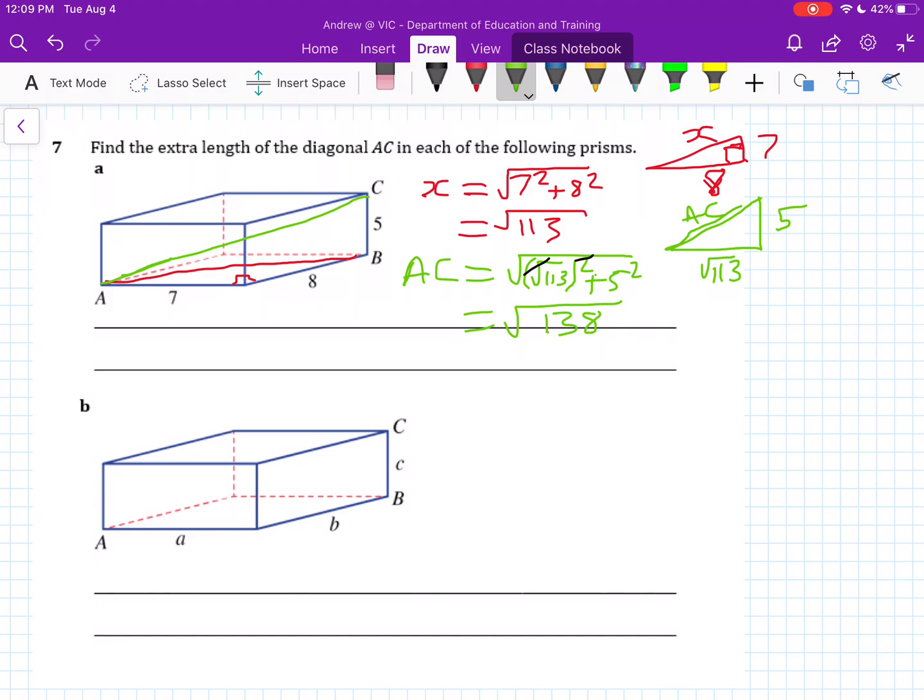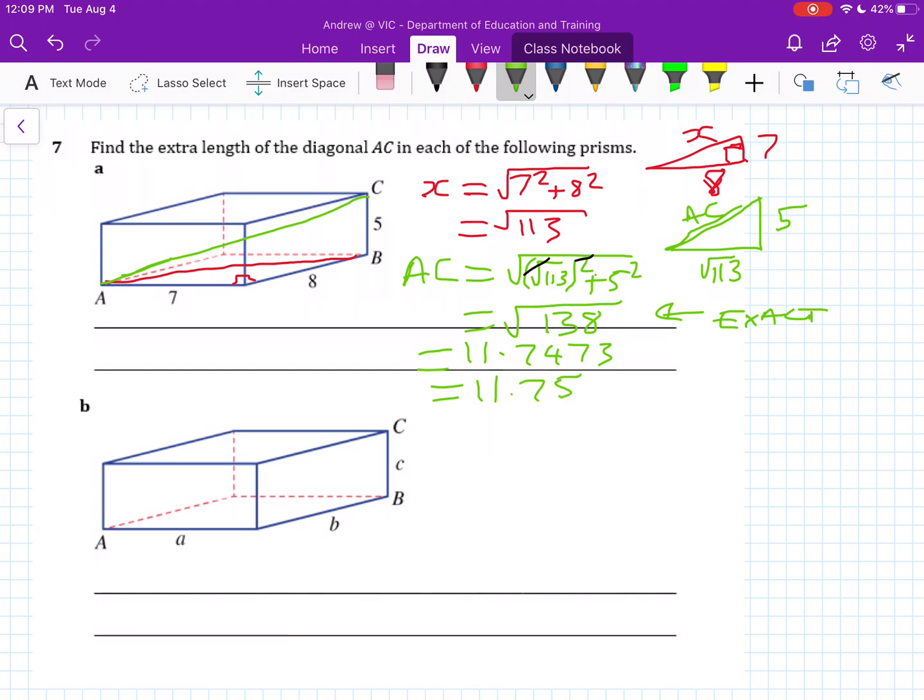And this one, you can just leave it at this if you want to. This is an exact value. Okay, if you were to round it, say it was meters or something like that, and you wanted 2 decimal points, this is equal to 11.7473, which rounds to 11.75.